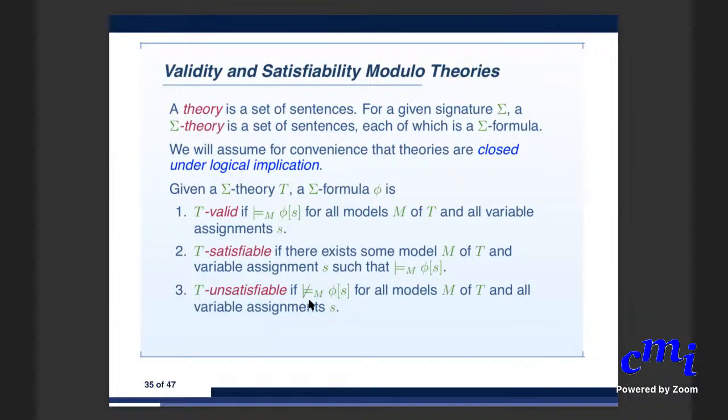Now, it is said to be unsatisfiable if, for all the models that you care about, which means for all the models of the particular theory that is of interest to you, for none of those models that satisfy the formulas in the theory, and for any variable assignment, phi is satisfiable.